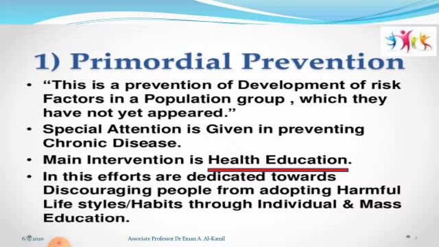So primordial prevention is directed at individuals before the establishment of risk factors, mainly by health education. We have already discussed health promotion and health education, in order to change the lifestyle as early as possible to prevent the occurrence of the risk factor.